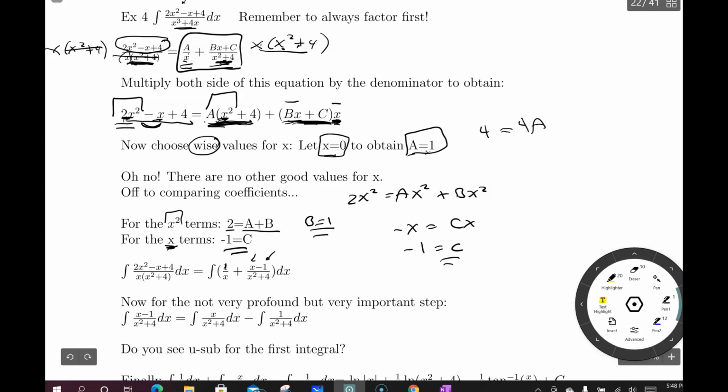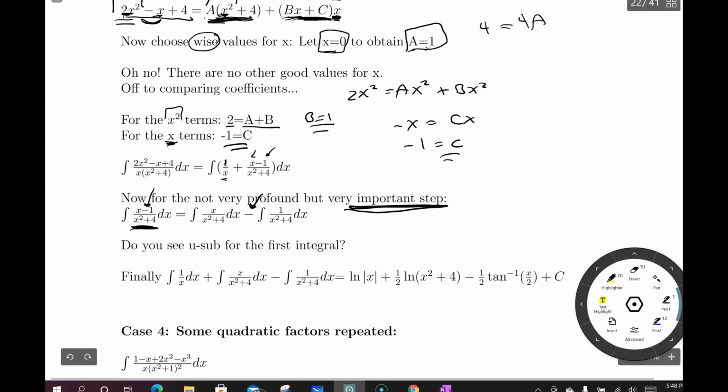Here we go. So this is an easy integral, but then this guy here, what am I going to do with this? Not very profound, but very important step. This subtraction in the numerator, split the fraction up. So I get x over x squared plus 4 minus 1 over x squared plus 4.